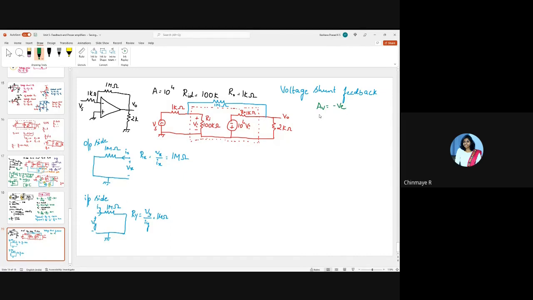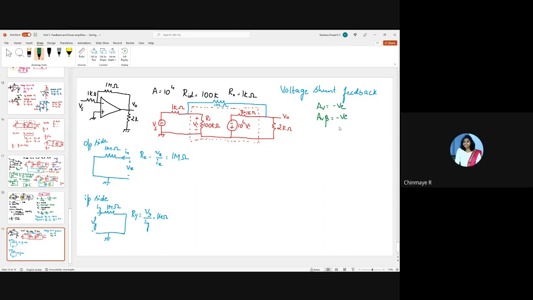So does that mean you will get AV into beta also negative? Do you get AV into beta also negative? Can you think about it? What happens if you get AV into beta negative? Gain will increase, yeah, correct, right?